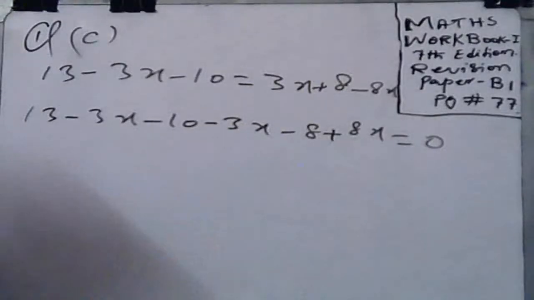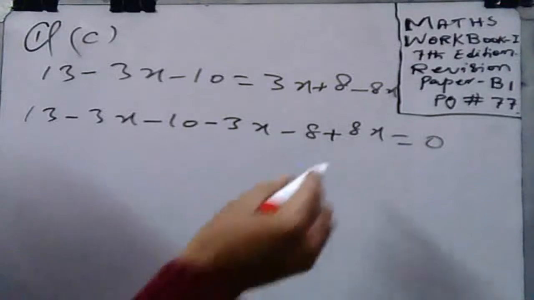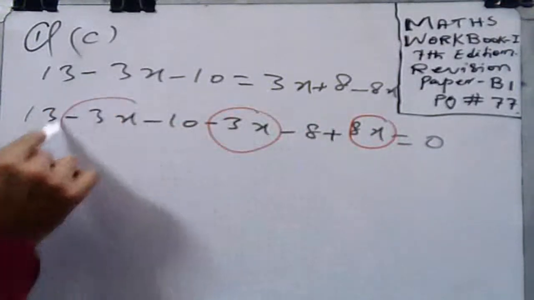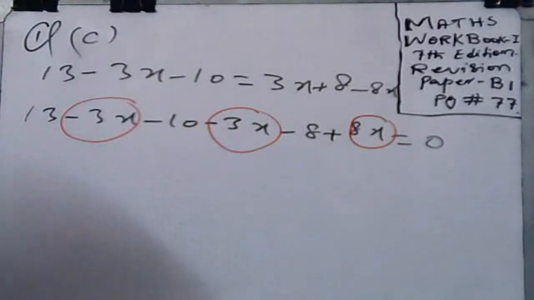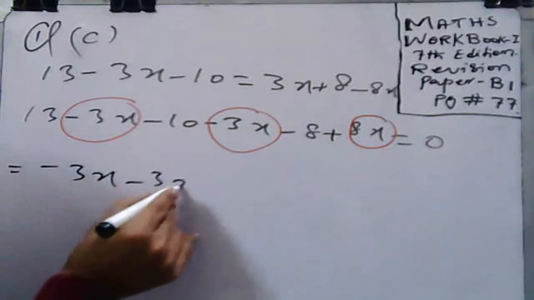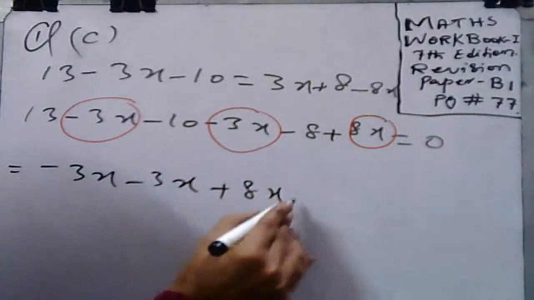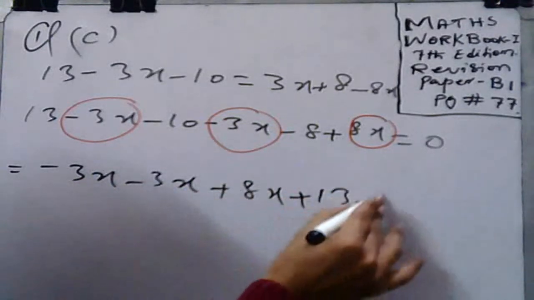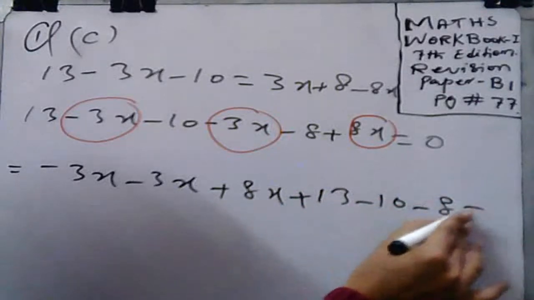So you should be very careful that now you take the x, the sign should be written in front of each term, that is minus 3x. So after simplification you will get minus 3x plus 8x plus 13 minus 10 minus 8 is equal to 0.